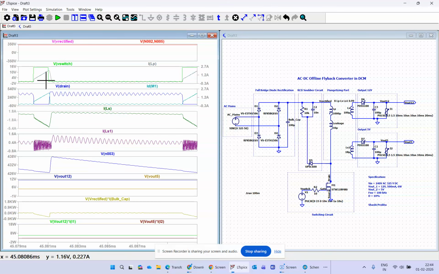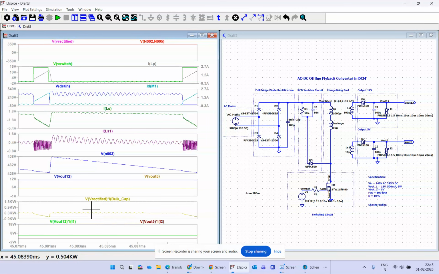So we can see that if we see primary inductance and the secondary inductance, when the switch is on, primary inductance current increases and secondary current decreases, and then when the switch is off, it is increasing and it is decreasing. Similarly it is happening across this also, but there are a lot of oscillations across this, so it is not clearly visible, but we can see there is a rise when the switch is off in the secondary current of this 5 volt.